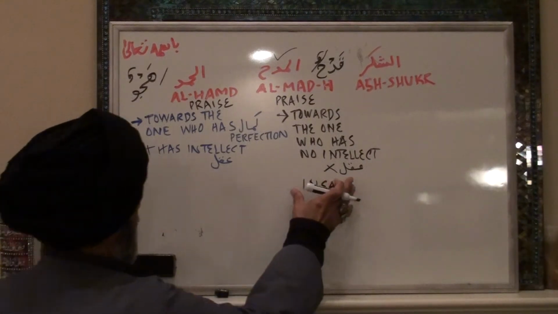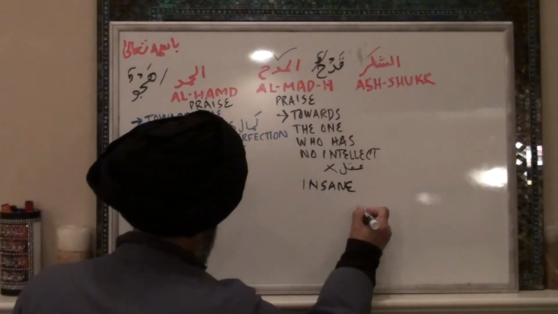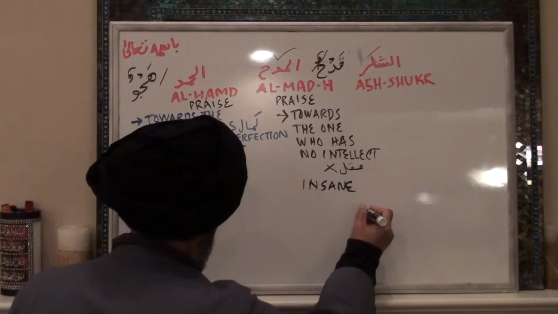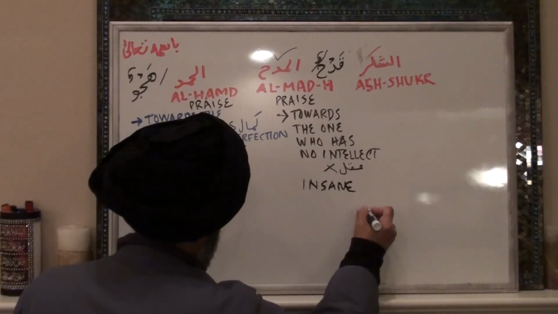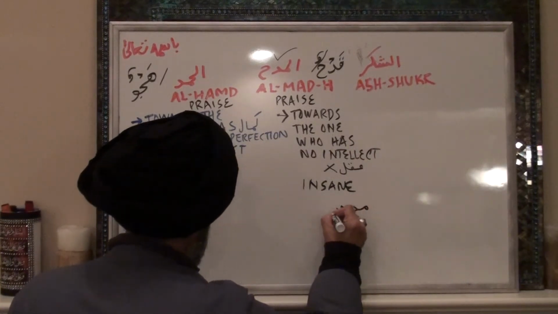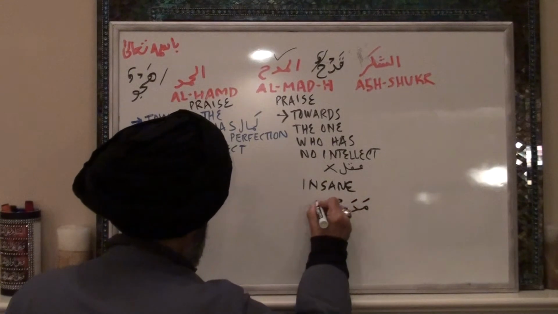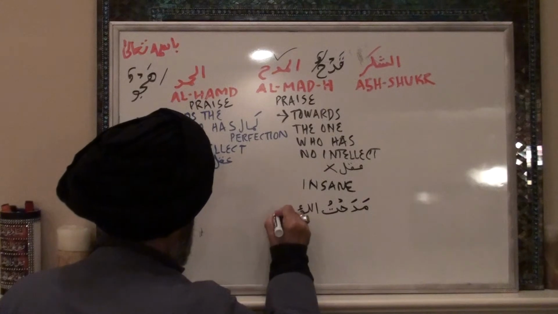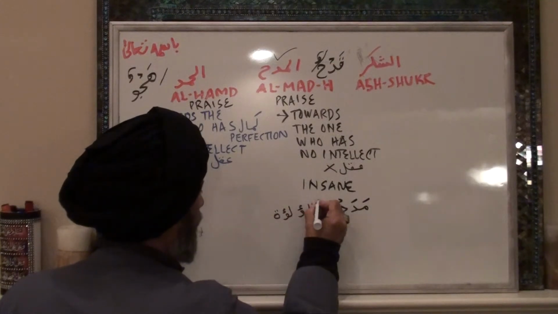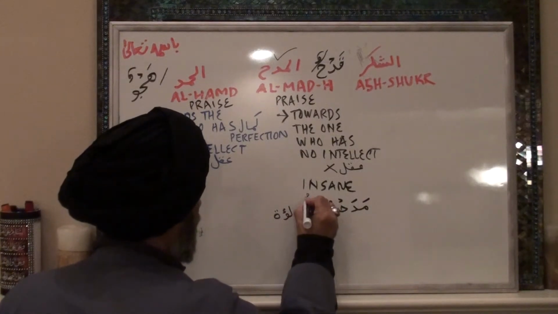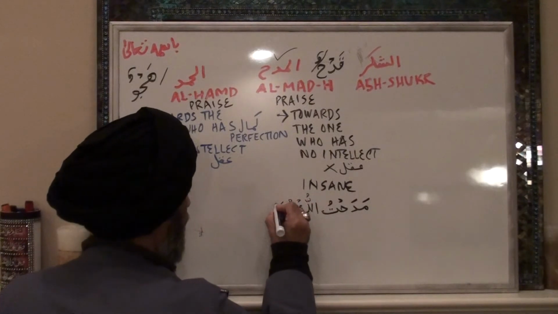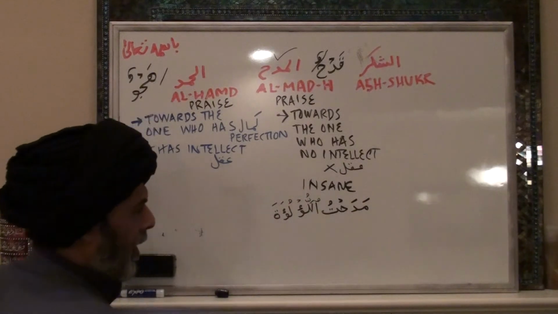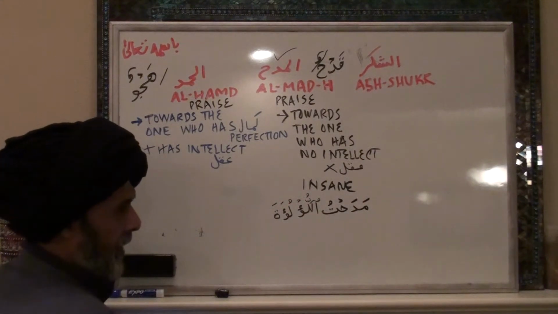So when this is understandable, now we can relate to some examples. In Arabic we say, madahtul lu'lu'a, I praised the pearl.